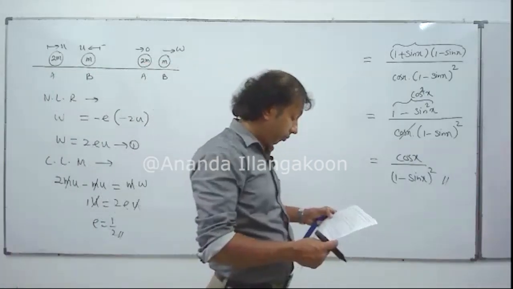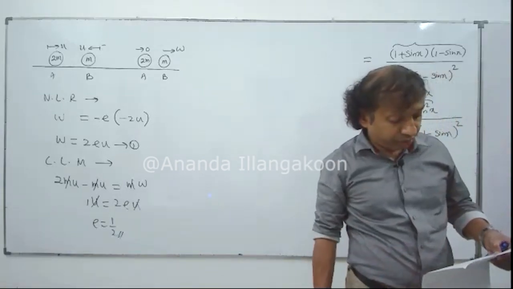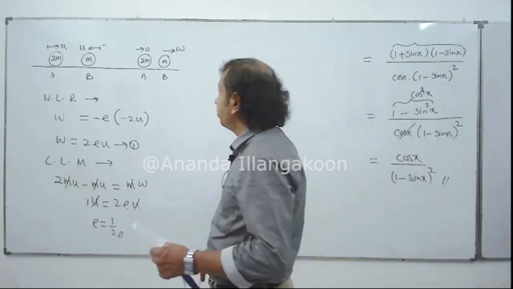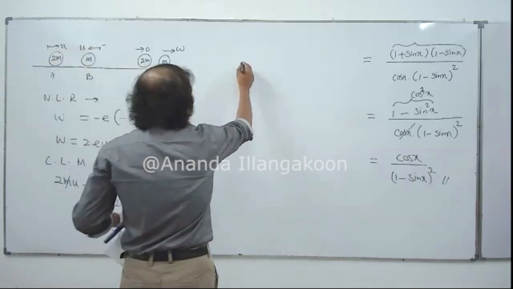Now let us see the next part. Show that the magnitude of the impulse exerted on B is 2mu. Now at the impact, this is what will happen.